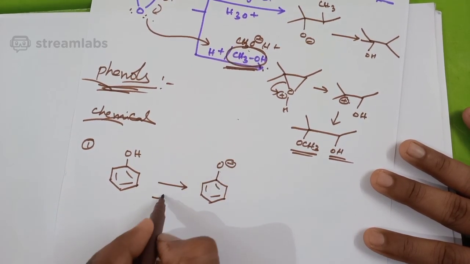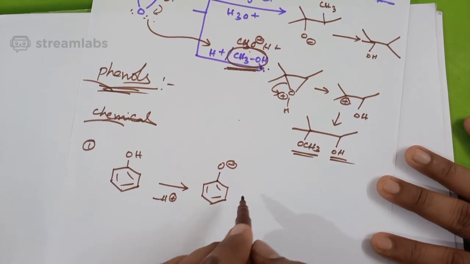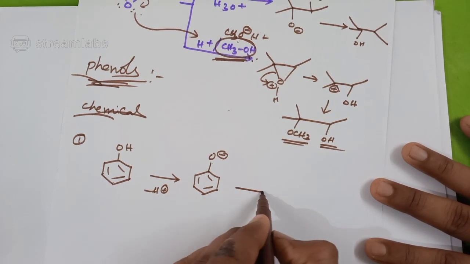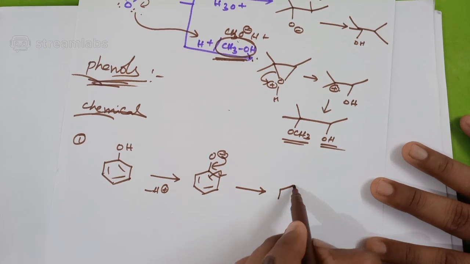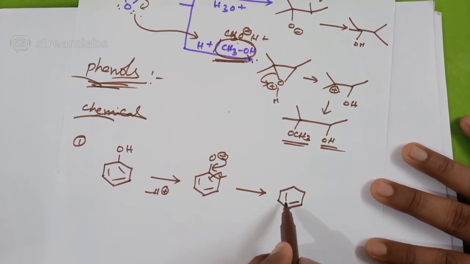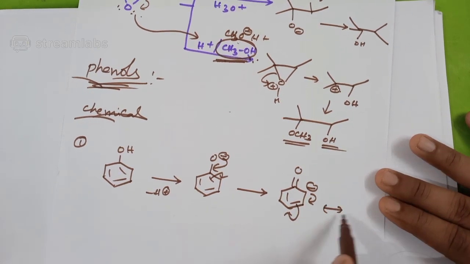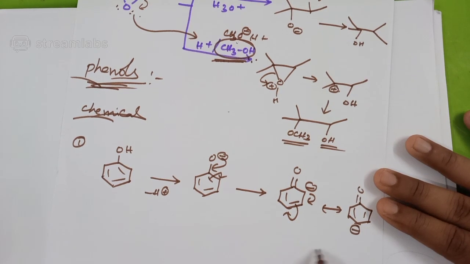O minus, H plus is removed. That means the phenol won't react. Phenoxide ion reacts in the reactions. That's the first point. The second, when this phenoxide ion is involved, see the resonance. Double bond O minus. Again here, we know the resonating structures, right? Double bond O and here, and again resonance is possible.